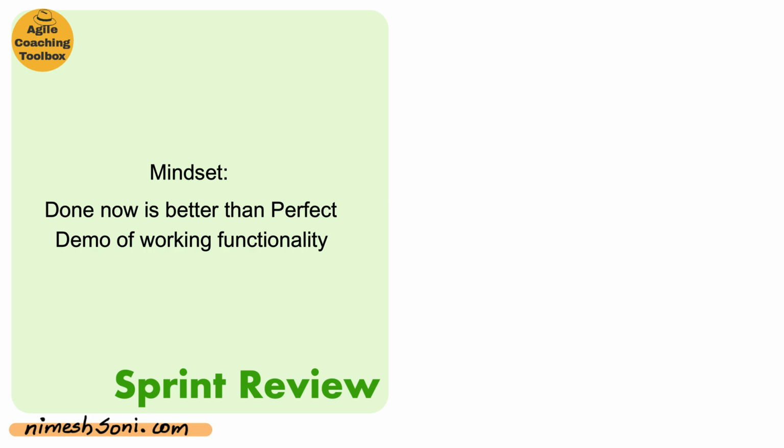I would rather demo a working piece of software, working functionality. Doesn't have to be perfect. As we said, done now is better than perfect. We want to involve the entire team. Everyone from the team should be involved in the sprint review. How do we do that? For that, watch my other video titled 3-Stage Rocket for Sprint Review.